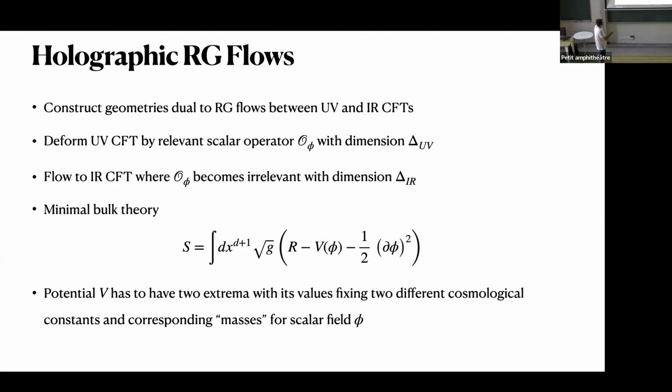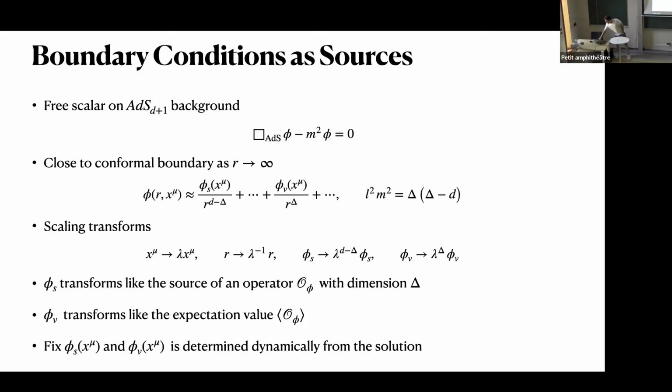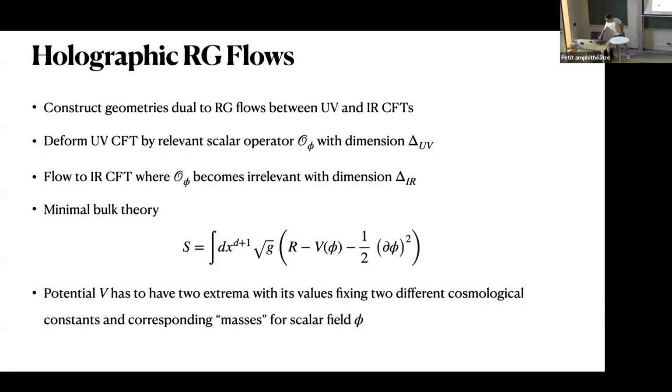So I'm writing down this action. We were not going to solve these equations. Why am I writing down this? As I told you before, AdS is a solution of this equation. So all I need is some kind of cosmological constant for the existence of AdS. Now, if I have an extra scalar in the theory, that will be dual to this operator that I will use to deform the field theory.